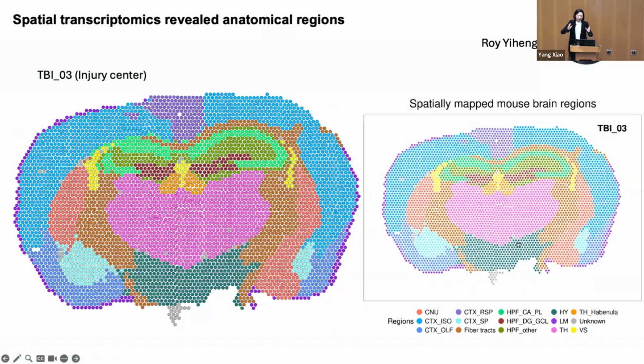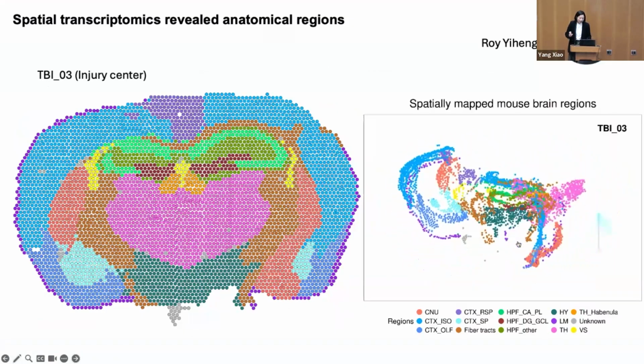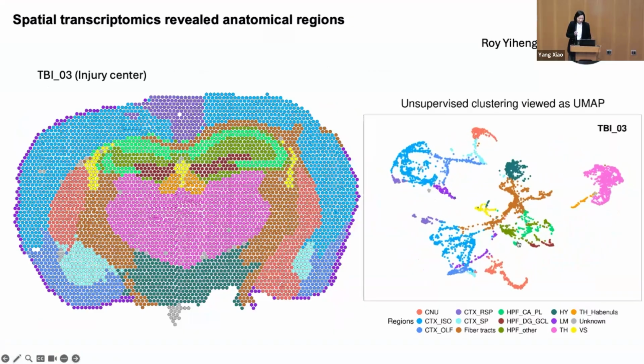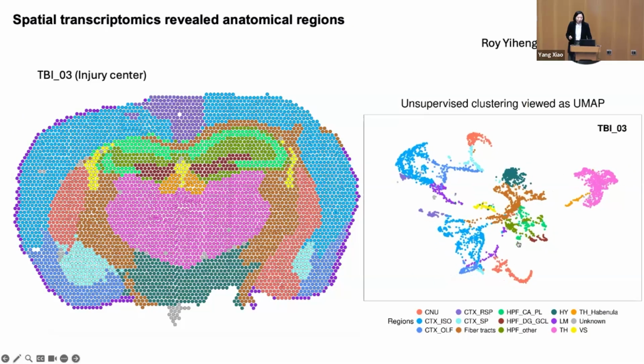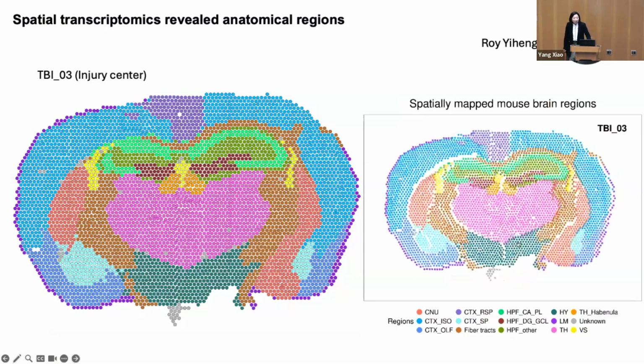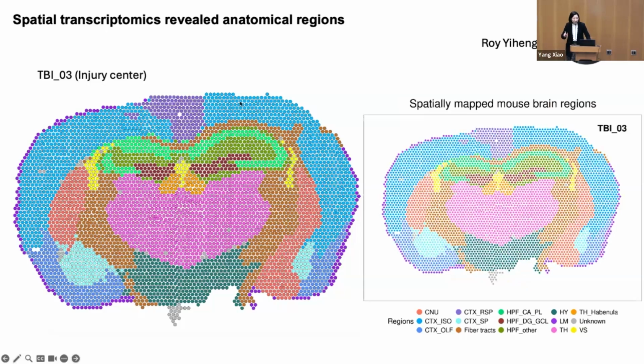So he clustered the spots using Seurat and then made this video where you could see each color representing a key region of the brain.